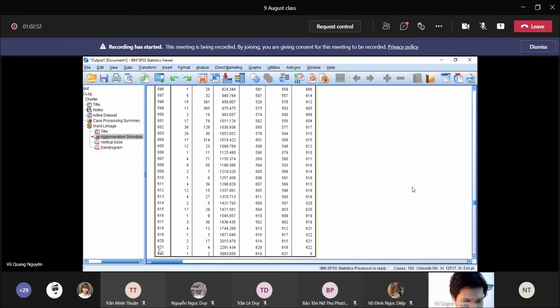You can see that between steps 621 and 622, the coefficient jumps by around 800, from 2,281 to 3,083.